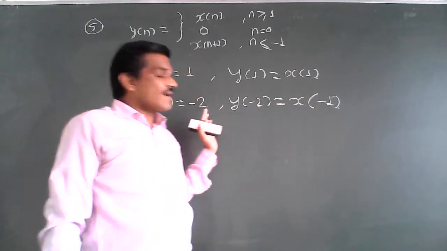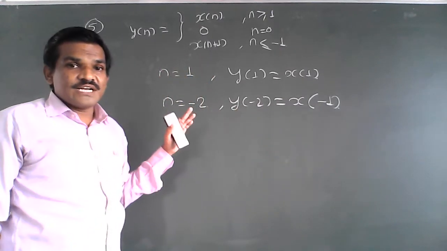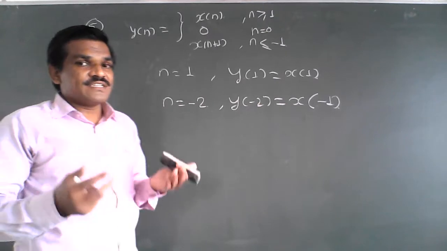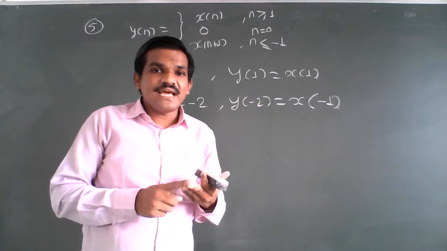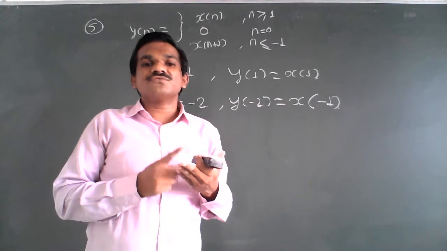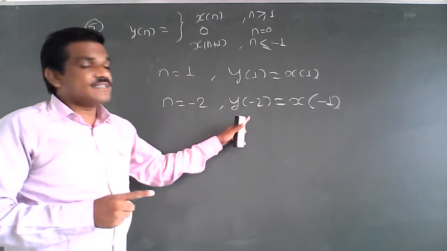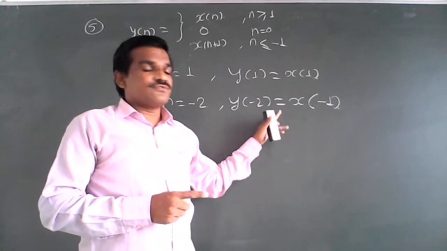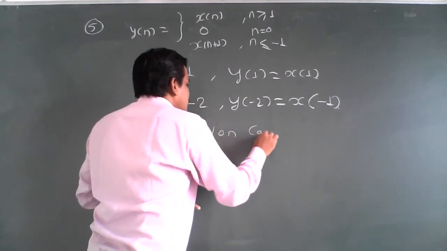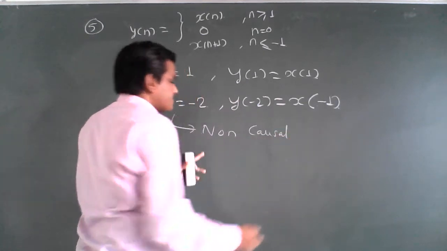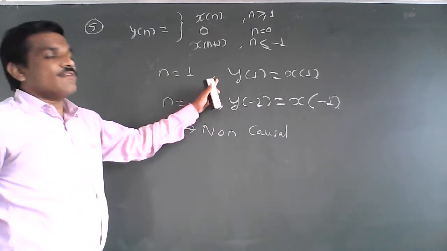Therefore, according to the definition of causality, a system is causal if its output depends upon the present and past input values only. But in this case it depends upon the future input values, so the system is non-causal. What about static or dynamic?